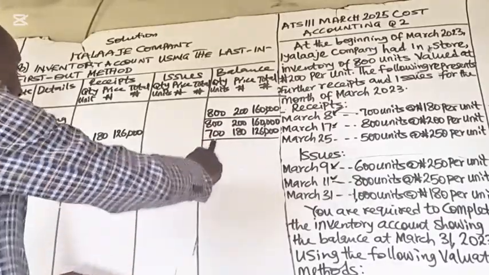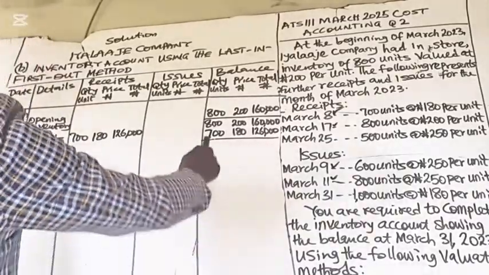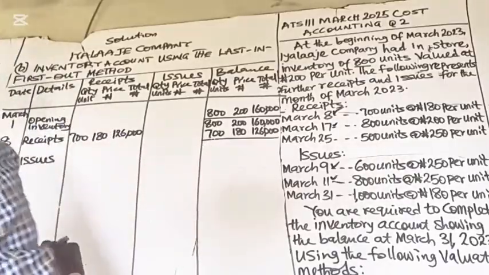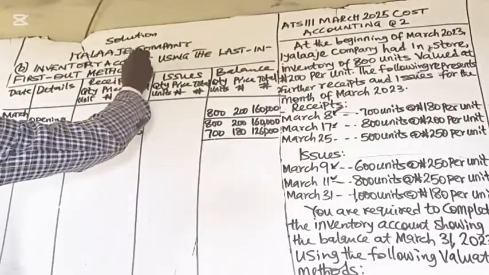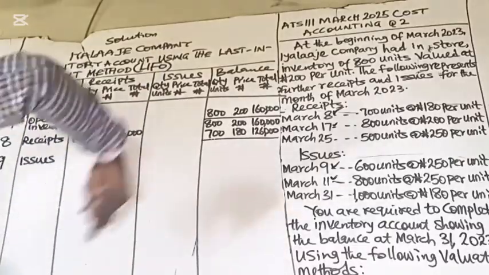The one that came in last, the one you received last, is the 700 units. It is from these 700 units that your issue should be made under the last in, first out method. The one that came in last will first of all go out.